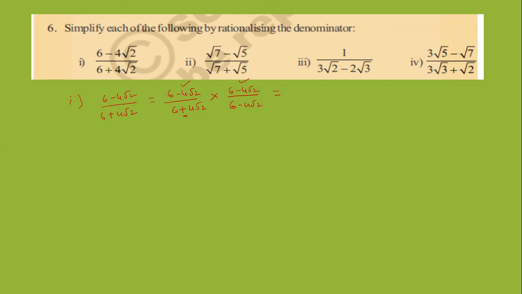So here you write 6 minus 4 root 2 in the numerator. You write the same in the denominator also. Now you observe these two, what is in the numerator. Both the numerators are the same, 6 minus 4 root 2 and 6 minus 4 root 2. That means a into a is a square, b into b is b square, 10 into 10, 10 square. Like that, 6 minus 4 root 2 into 6 minus 4 root 2, that is 6 minus 4 root 2 whole square in the numerator part.